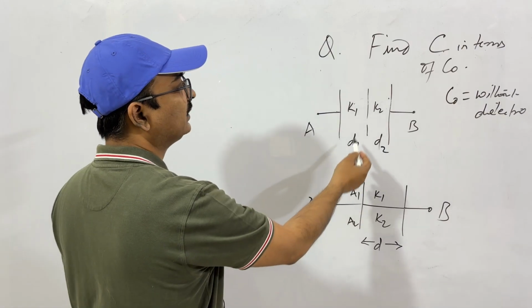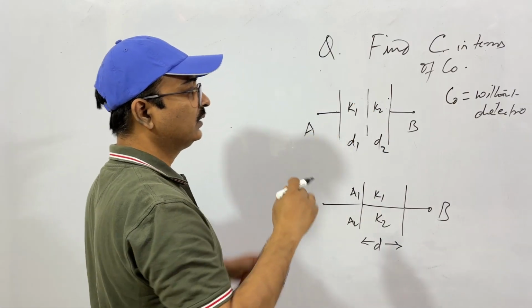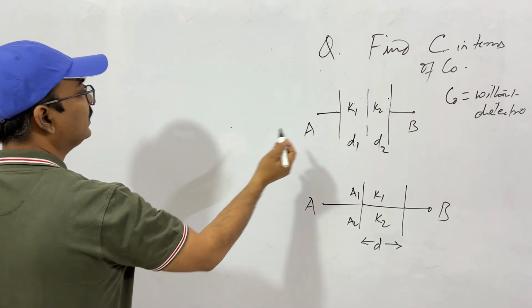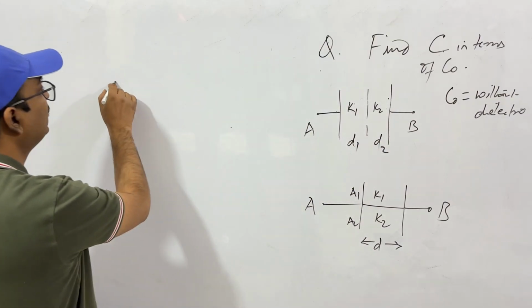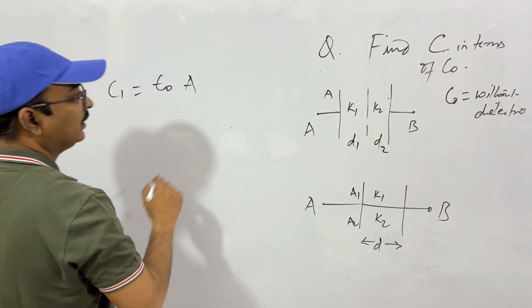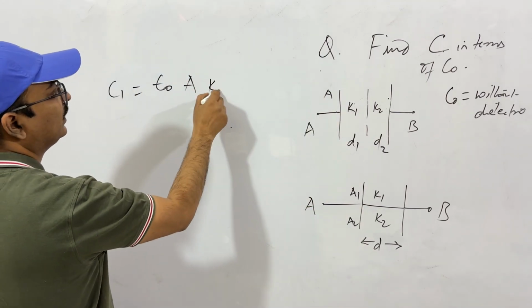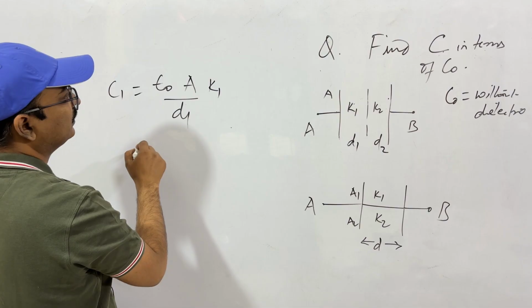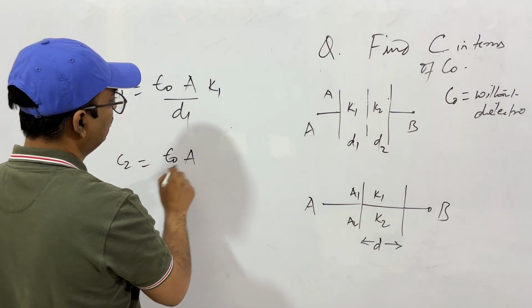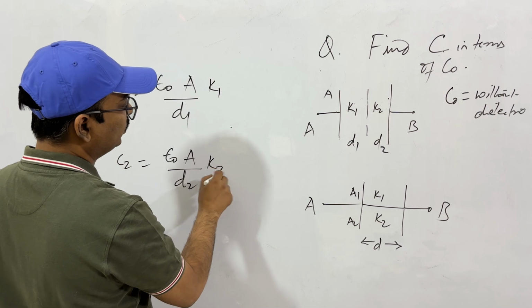We have to find the capacitance in terms of C0, where C0 is the capacitance without any dielectric. Say this one, as I told you, C1, this is in series connection, so C1 will be epsilon 0, let the area be A, epsilon 0 A into K1 by D1, and C2 will be epsilon 0 A by D2 into K2.